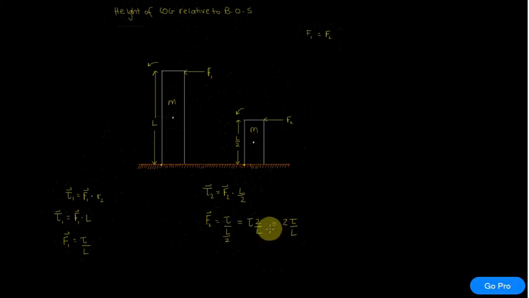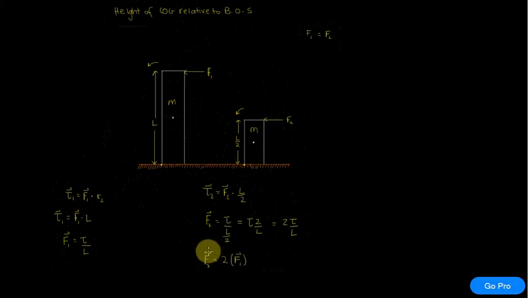If I want to find out how much more force I have to apply in order to topple this over relative to this one for the same amount of torque, I can simply substitute F1 being equal to torque over length. So F2 is equal to 2 times, and torque over length is equal to F1, so it's just 2 times F1.